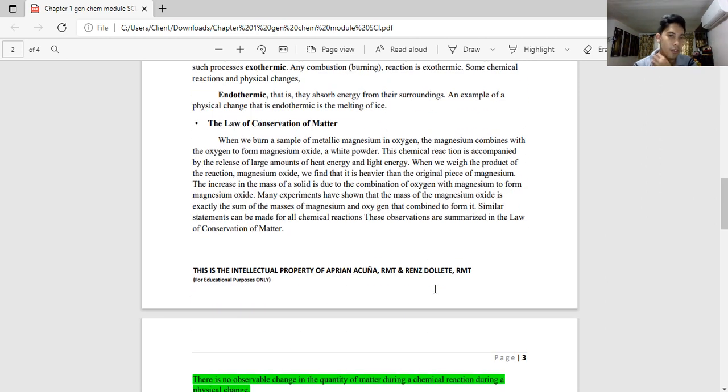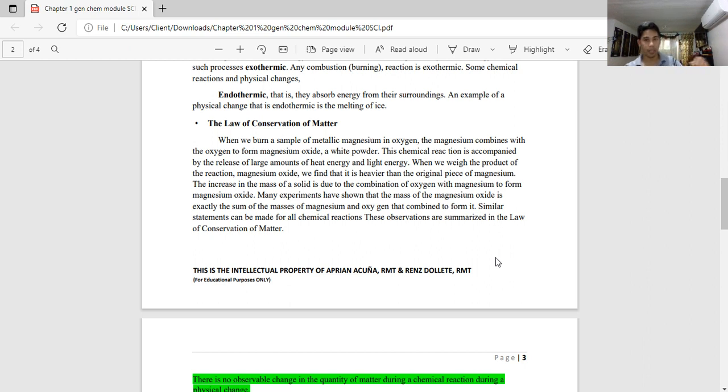Okay, the law of conservation of matter. When we burn a sample of metallic magnesium in oxygen, the magnesium combines with the oxygen to form a compound, magnesium oxide, a white powder substance. This chemical reaction is accompanied by the release of a large amount of energy, heat energy and light energy.